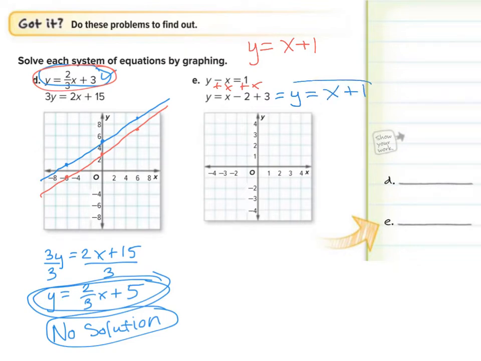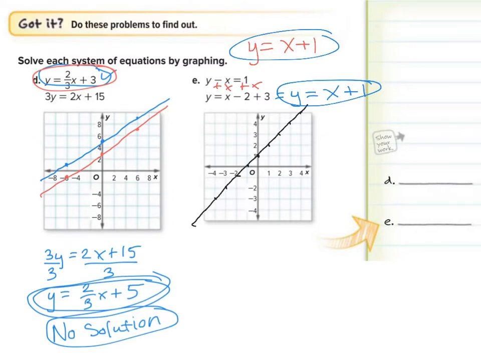And so since they're the same line, I'm going to graph it in black. So the y-intercept is 1. And then the slope is just x, which is 1 over 1. And so if I plot my points, and then I can graph my line.